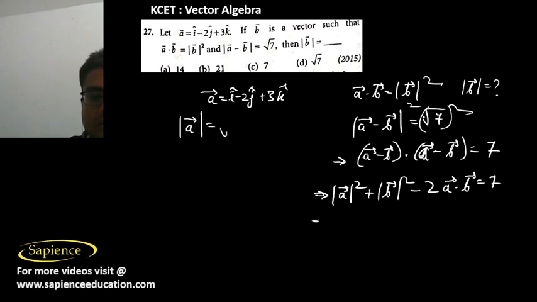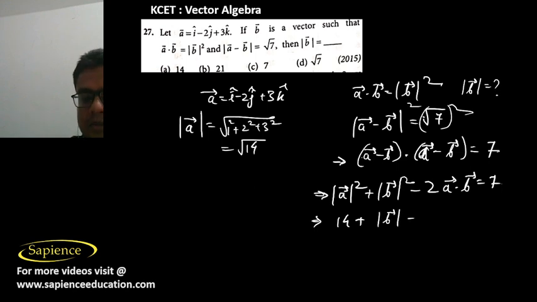Magnitude of A that is square root of 1 square plus 2 square plus 3 square. That is 9 plus 4, 13 plus 1, 14. So that is root 14. So mod A square that is equal to 14 plus mod B square minus this is 2 mod B square, since A dot B is mod B square.